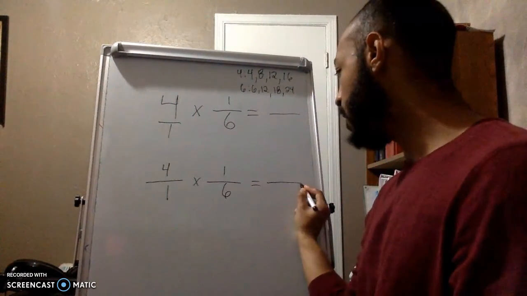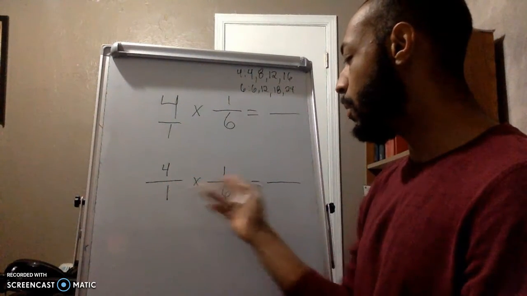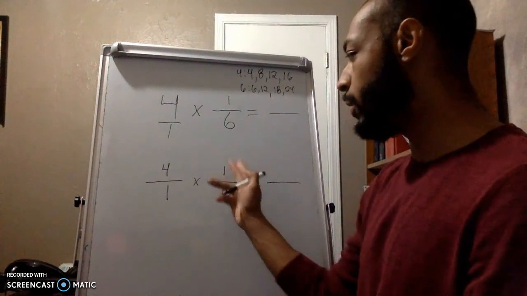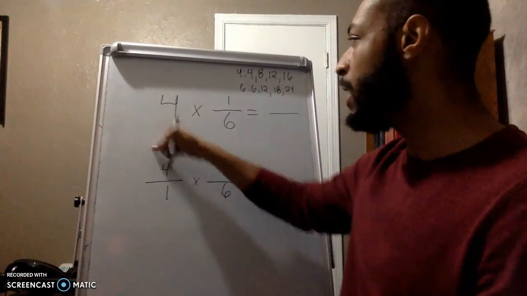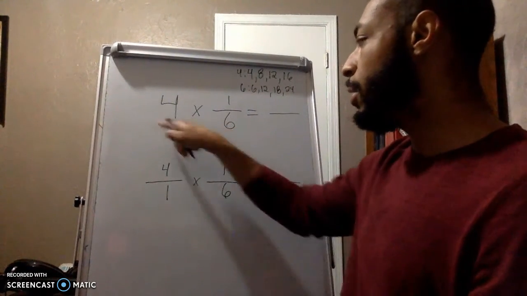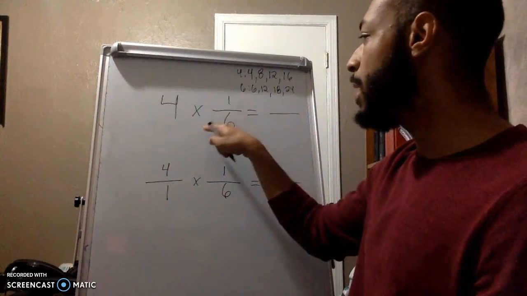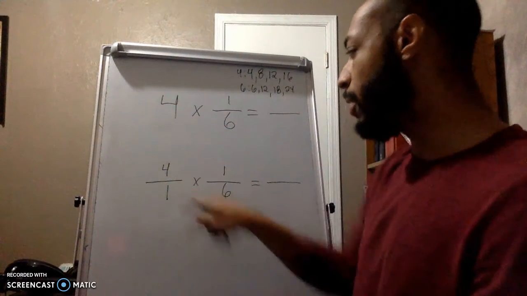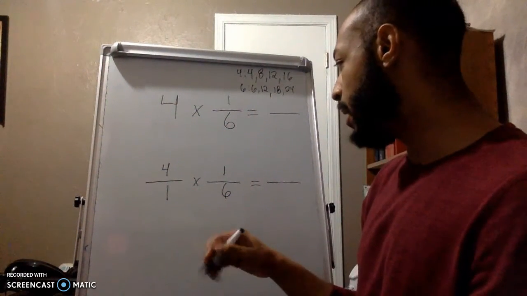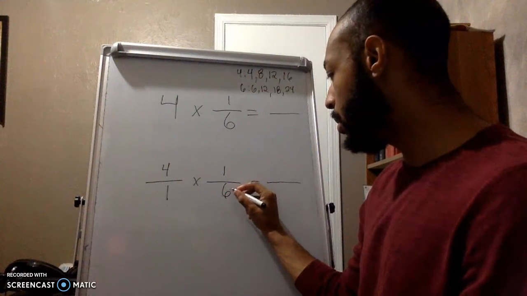Into our next fraction. Now we see we have a denominator with a denominator and a numerator with a numerator, whereas we wouldn't have been able to multiply this because it didn't look the same, so it wasn't going to translate. So instead, we have to make our whole number a fraction.